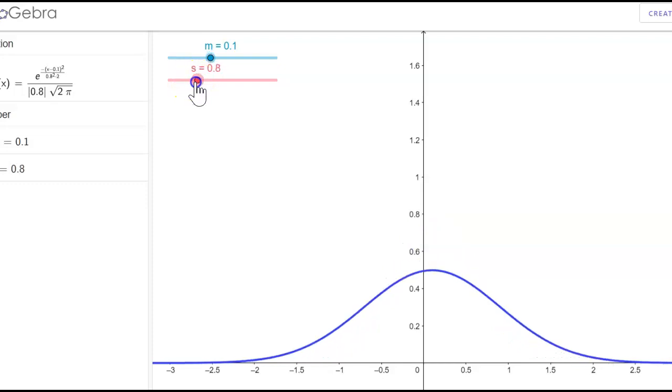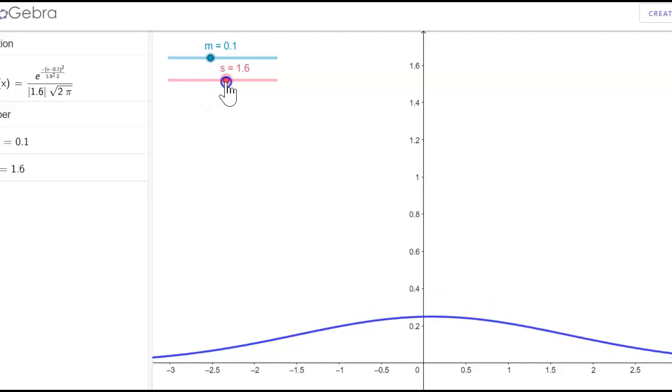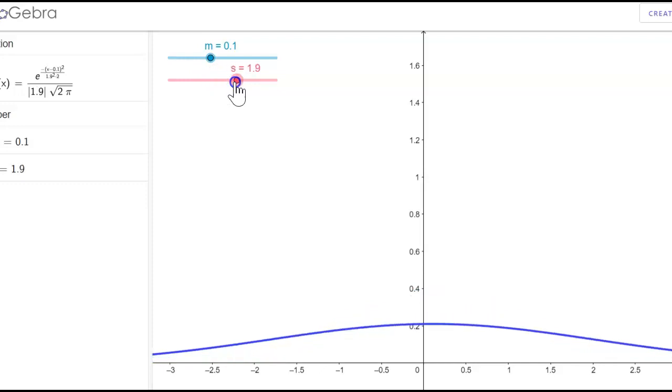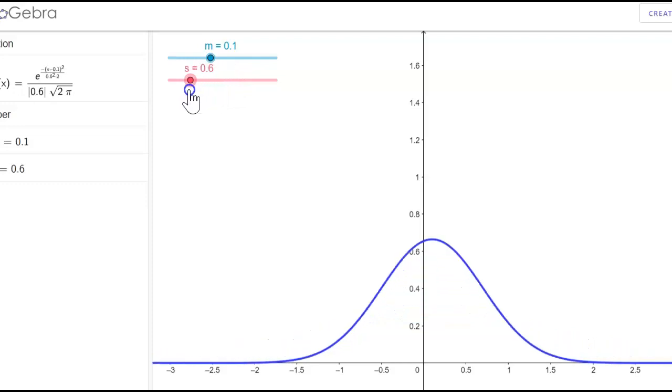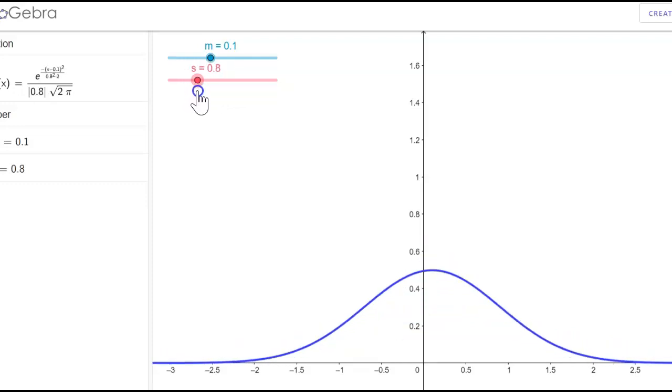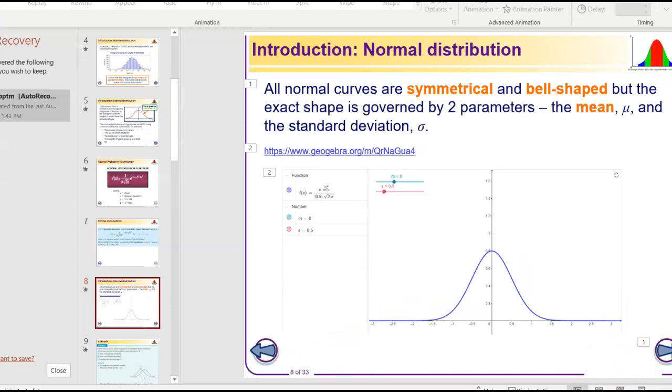So I'll increase it. There we go. It's flattening out. What does the area under that curve have to equal? And it does not change. It needs to stay as 1. So if I'm going to make it wider, I have to make a dilation parallel to the y-axis as well as the x-axis, which, if you look at that formula, you can sort of see it happening.